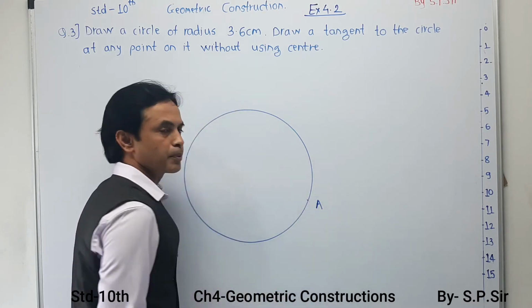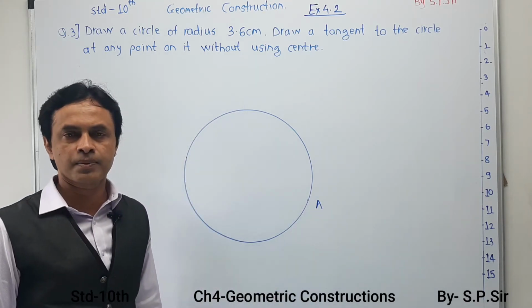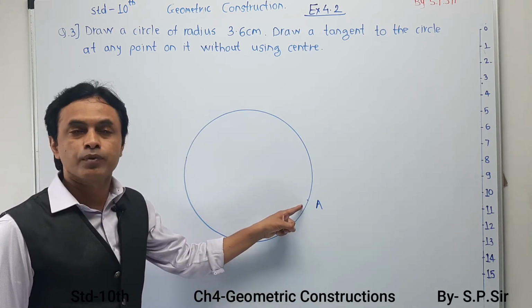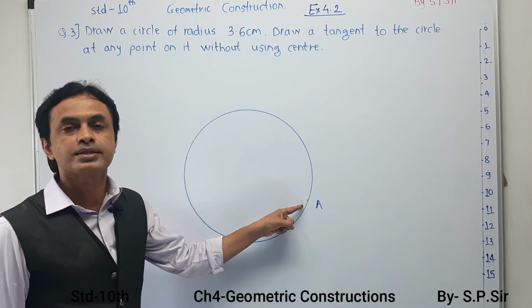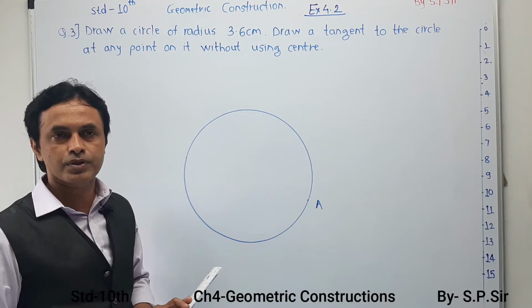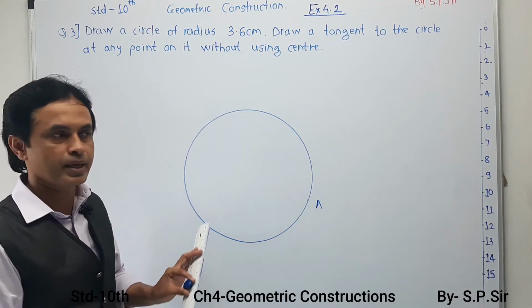Let us say A is a point on the circumference of the circle, and I want to draw a tangent there. Taking A as one of the points, you have to draw a triangle such that all three vertices of the triangle lie on the circumference of the circle. What does it mean? Let me clarify.